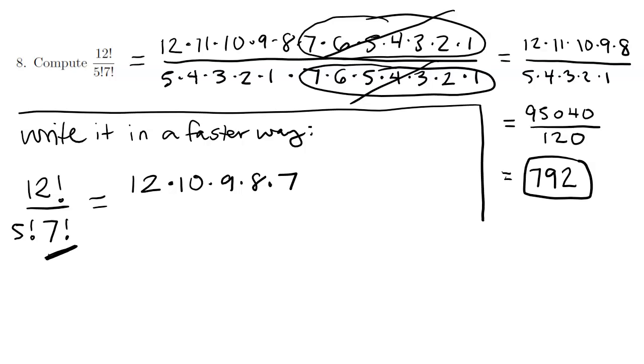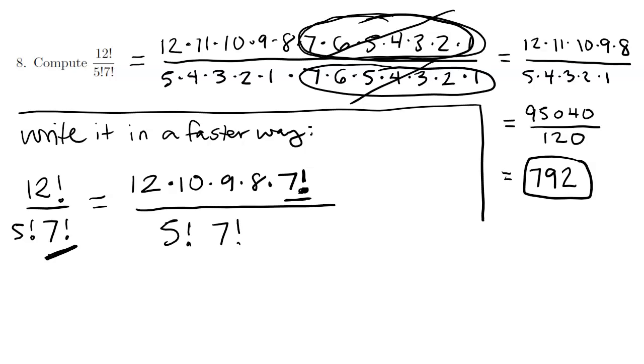So rather than write out the rest of it, I'm just going to say times 7 factorial, because that's what it is. That's what this whole thing that we canceled out is. So I'm going to just leave a 7 factorial in the top. And in the bottom, for now, I'm just going to leave it as 5 factorial, 7 factorial. I picked 7 because 7 was the bigger of the two.